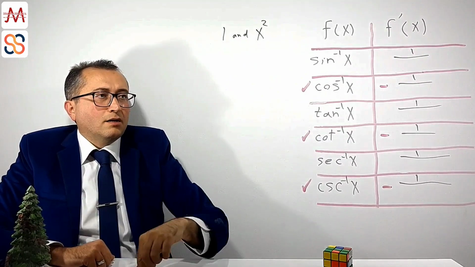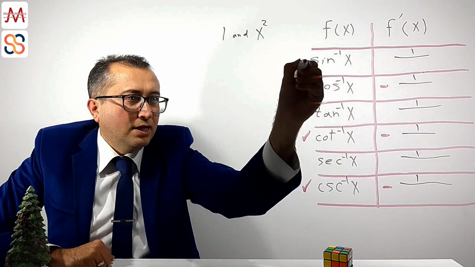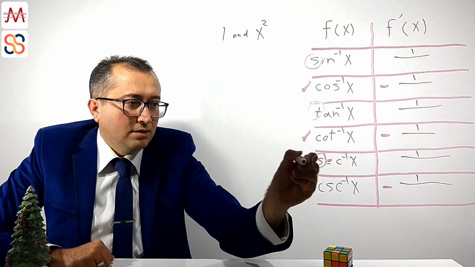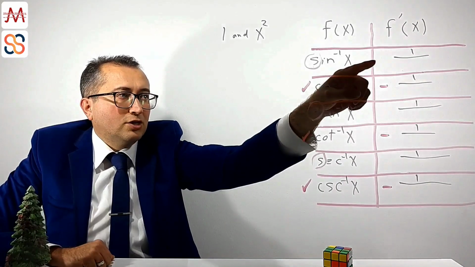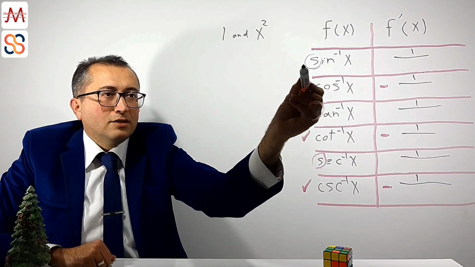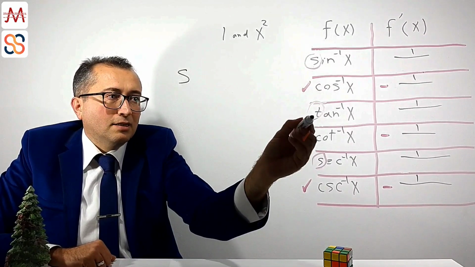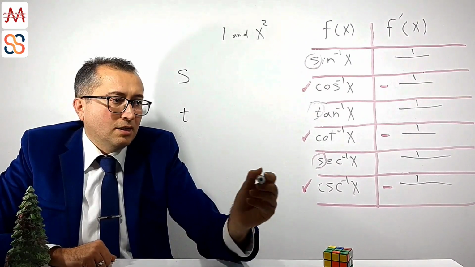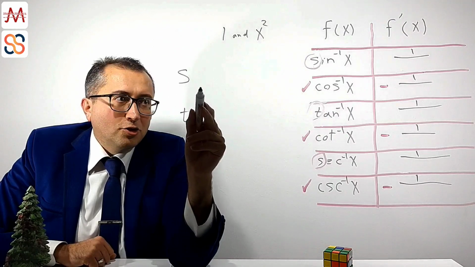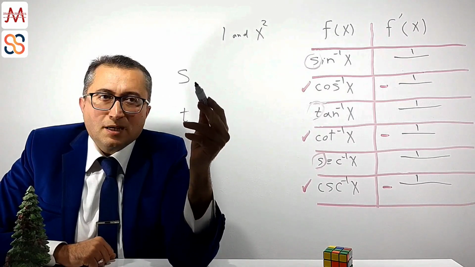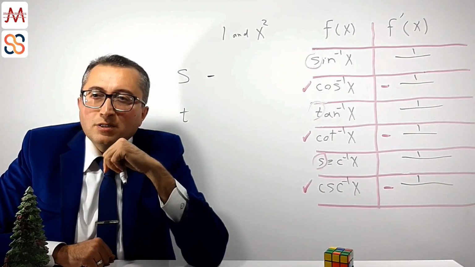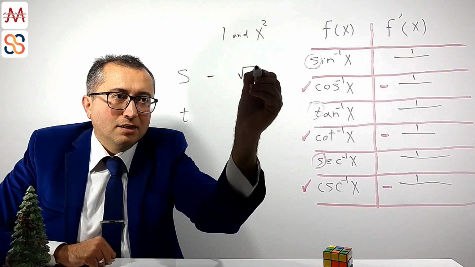So, now please look at these 3 functions: sine, tangent, and secant, whose derivatives are going to be positive. Sine starts with S, tangent starts with T, secant again starts with S. S shows us two things. S for subtraction or this negative thing, and S for square root, this radical thing.